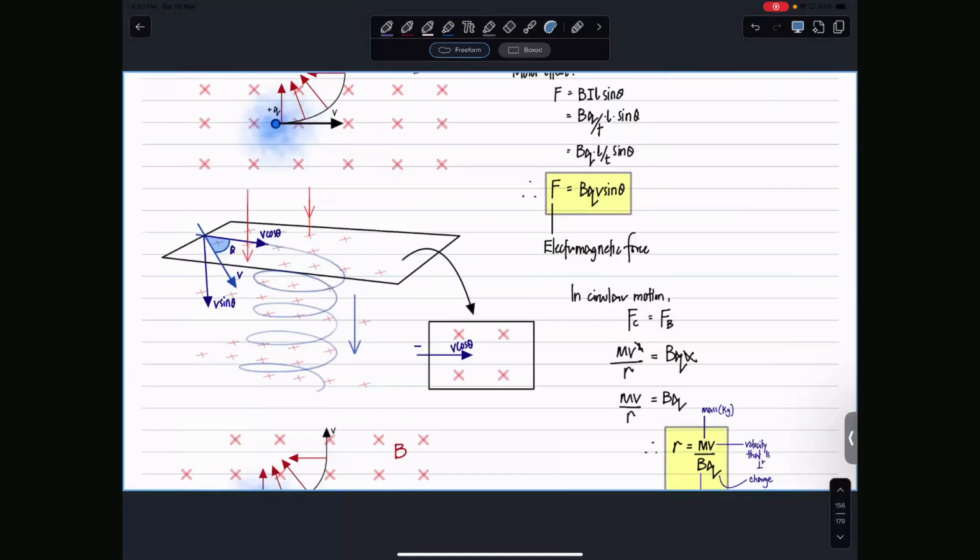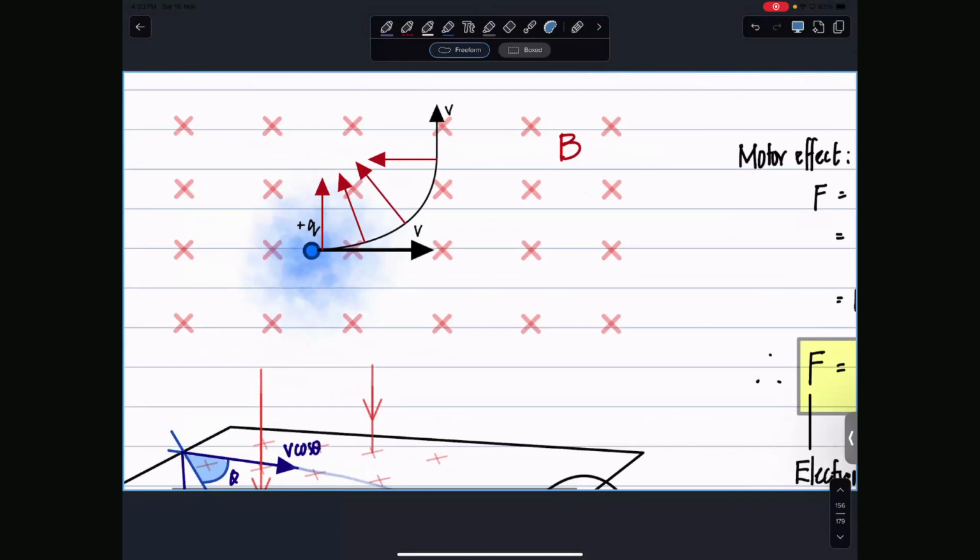So yeah, in the exam, if they ask you, which they do very often, why does a charged particle undergo circular motion in a field, right? Anyone want to volunteer the full answer, 4 marks? Why does a charged particle undergo circular motion in a magnetic field? Okay, let's start with 3 marks.